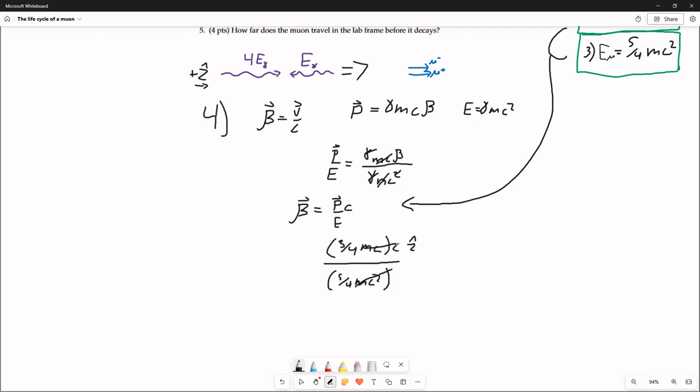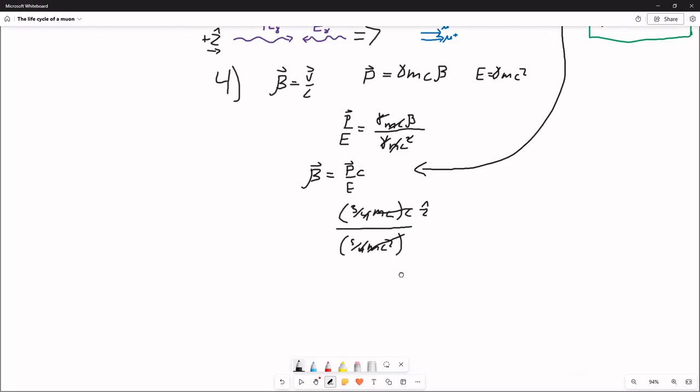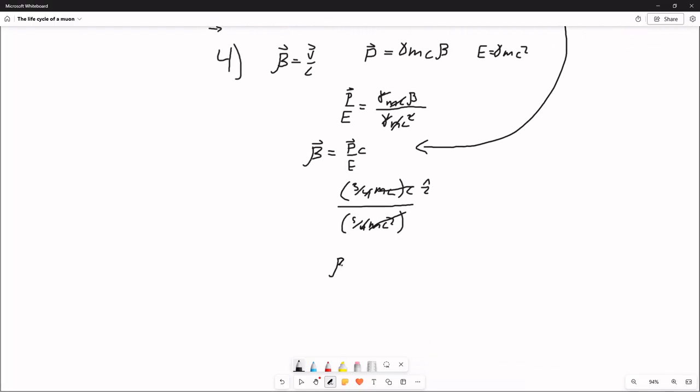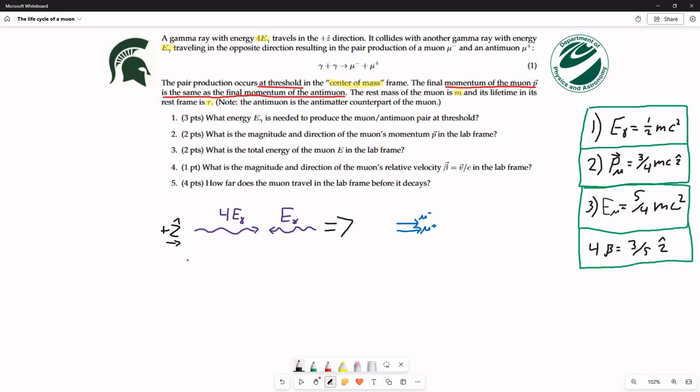Our m's and c's will all cancel, so will our 4's. So our final answer is beta is 3/5 in the z hat direction. Last but not least, we have part 5. How far does the muon travel in the lab frame before it decays?